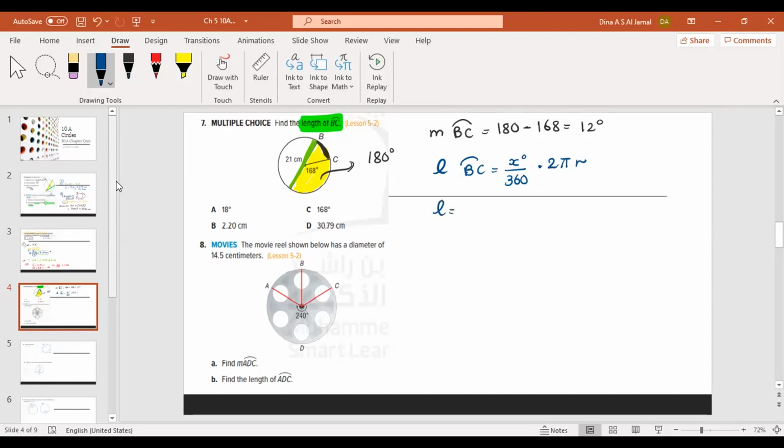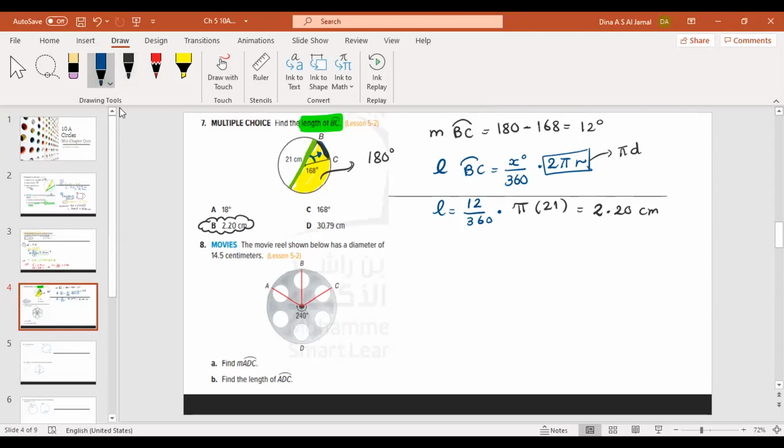So your length will be 12, because you got already your central angle, which is the same as BC over 360 multiplied by pi d or 2 pi r. So 2 pi r can be converted also to pi d. So pi multiplied by 21. So now calculate this and it will be all about 2.20 centimeter, which will be your B choice.